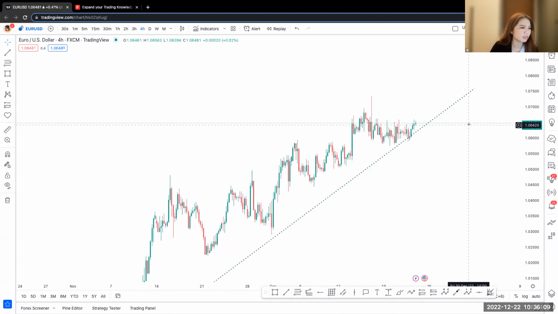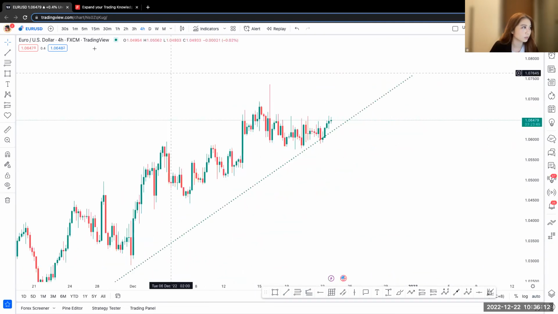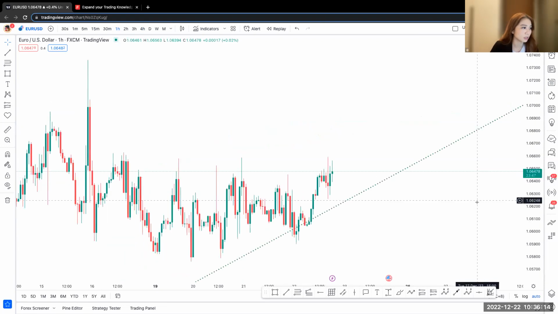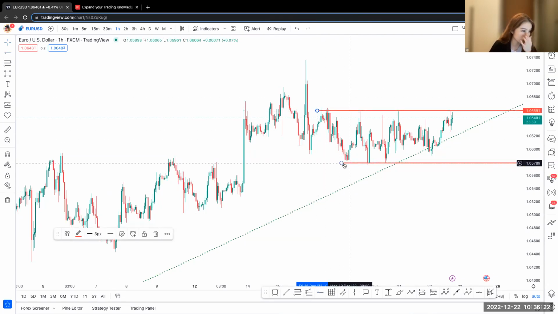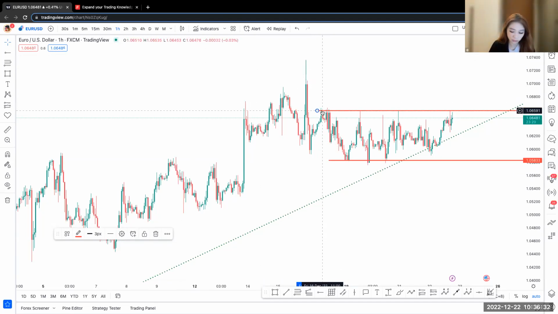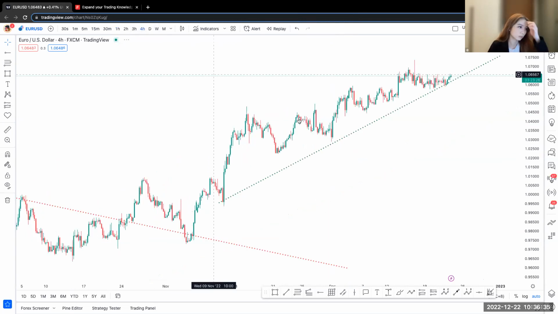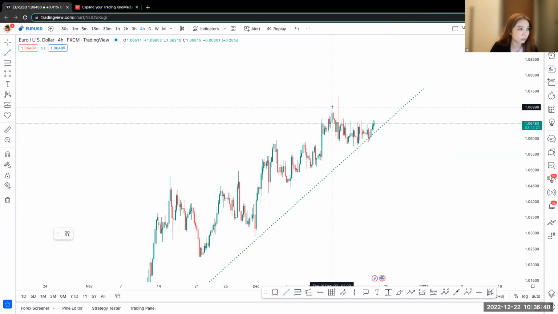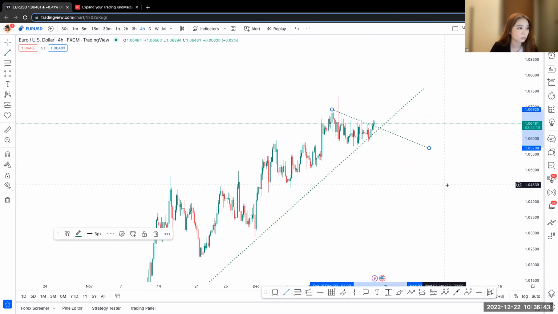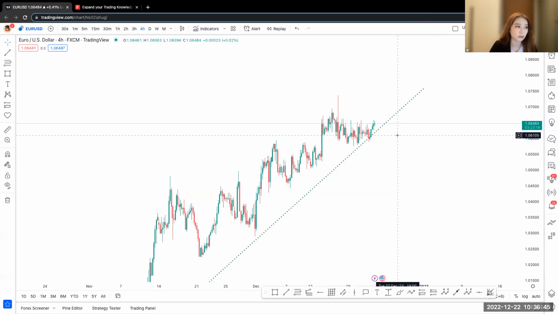If you want to get a closer look on H1, you'll see that price doesn't really have a trend, rather just moving up and down between these two price levels. So let's look at H4 back again. You can see a small downward movement in this case.